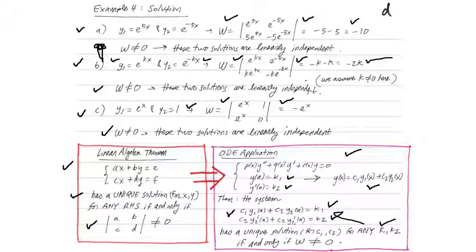So that's why the Wronskian and linear independence are so important in connection with this topic in our study of linear homogeneous differential equations.